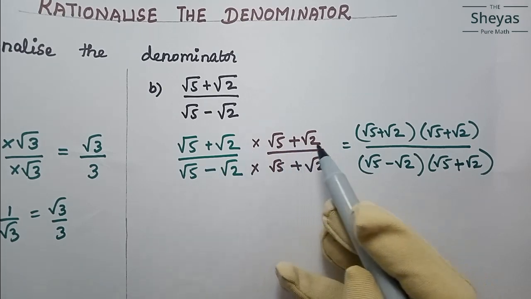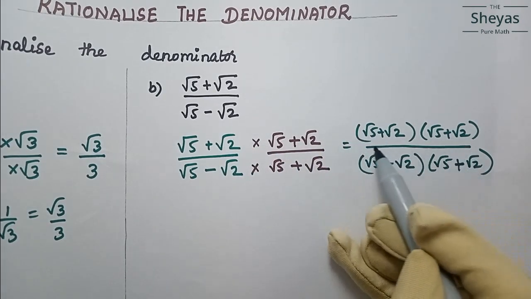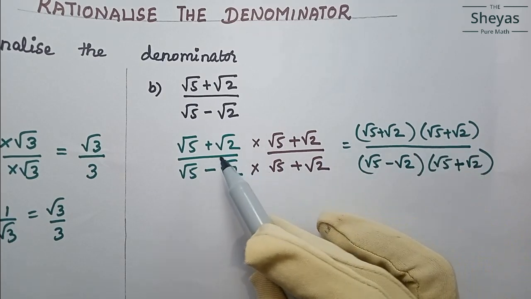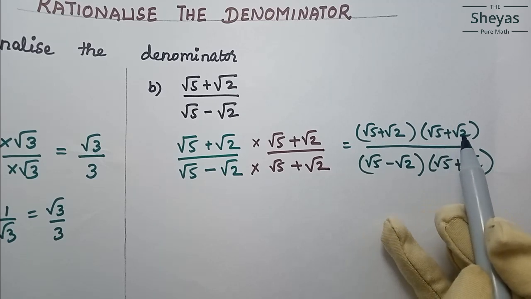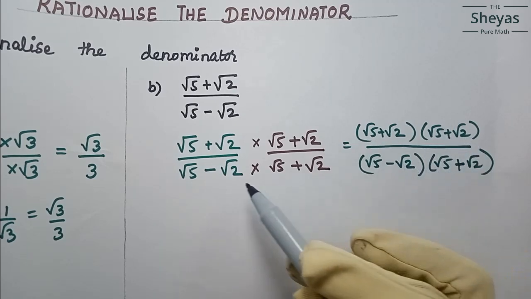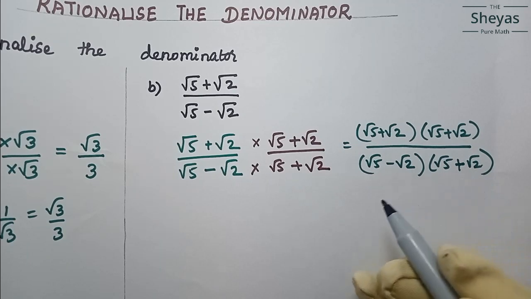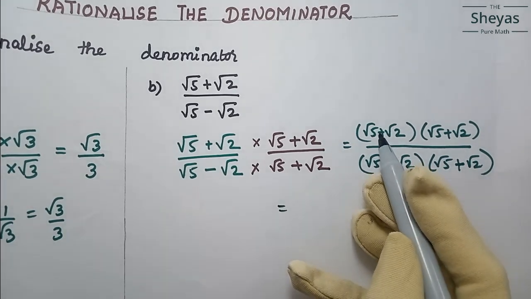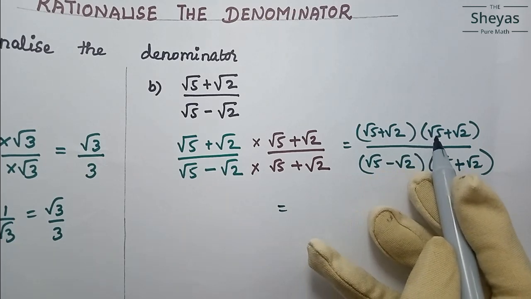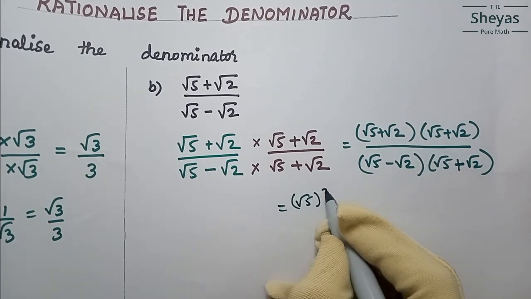When I multiply this, I am just writing it in a simple way: root 5 plus root 2 into root 5 plus root 2, then root 5 minus root 2 into root 5 plus root 2. Now if I calculate, what is the value I am getting? Root 5 into root 5, that is root 5 square.